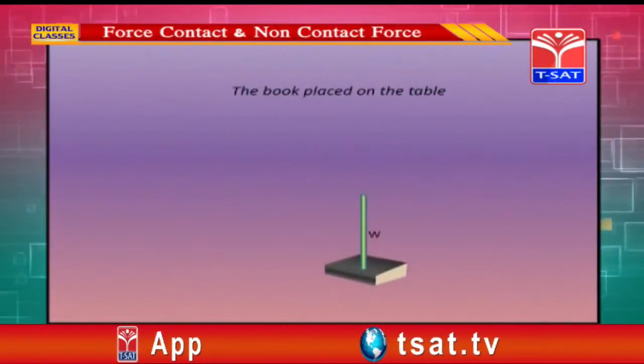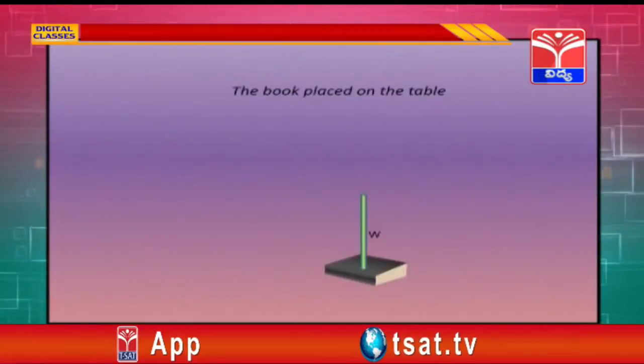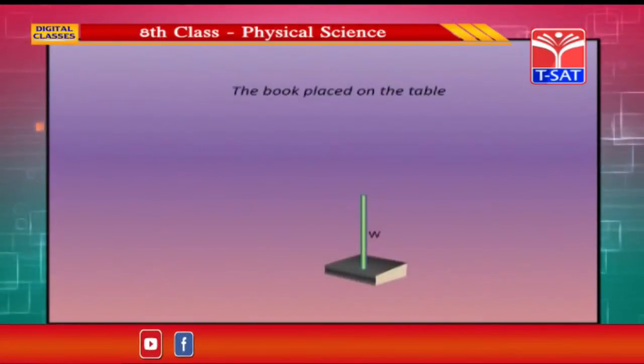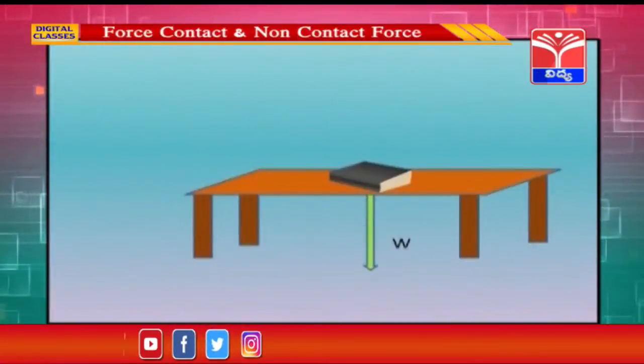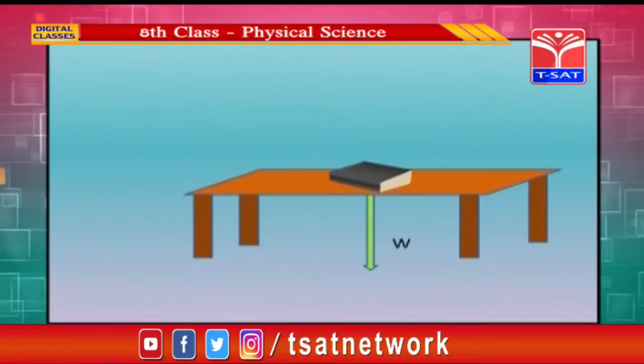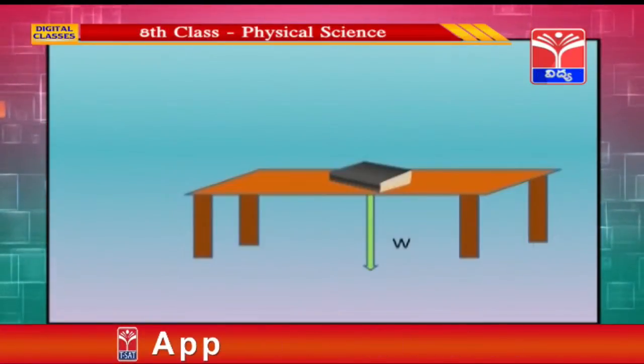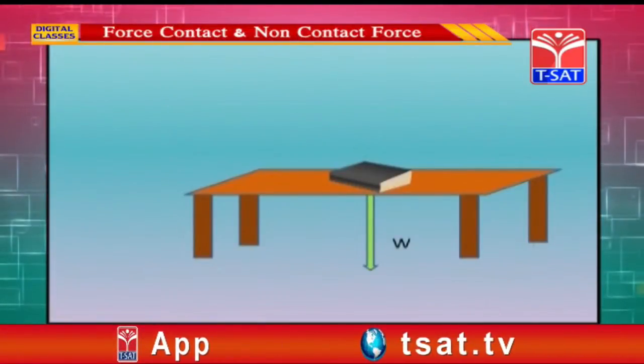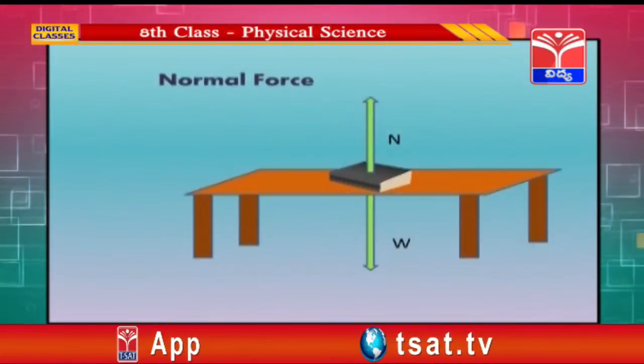What force is responsible to keep the book stable on the table? There is another force which acts on the book in the upward direction, equal to the gravitational force, known as the normal force.